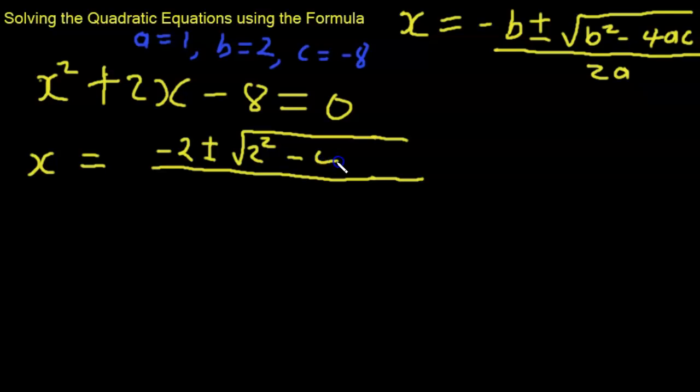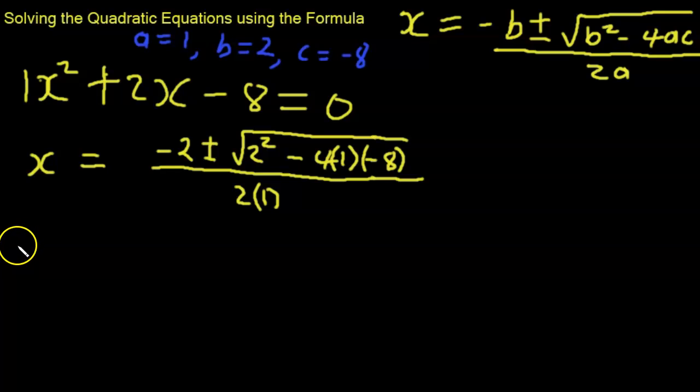Minus, and then you have 4, and then you have a, what's the value of a? 1. And then you have c, what's the value of c? Minus 8. And it's all of this upon 2a. 2a means 2 times a, and a is 1, so 2 times 1. Remember, a is 1, a is 1x squared.